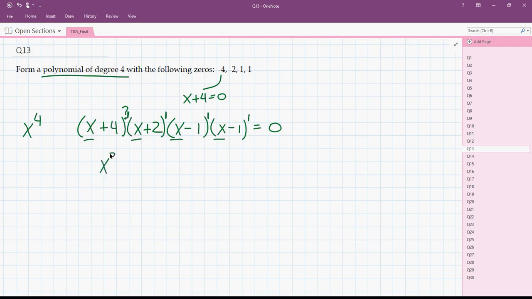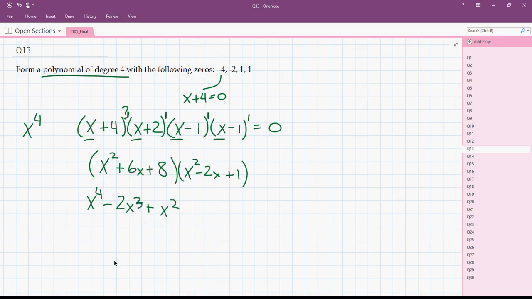So we have x squared plus 6x plus 8 times x squared minus 2x plus 1. Then we have x to the 4th minus 2x cubed plus x squared, plus 6x cubed minus 12x squared plus 6x, plus 8x squared minus 16x plus 8.